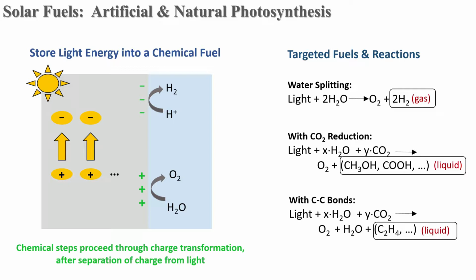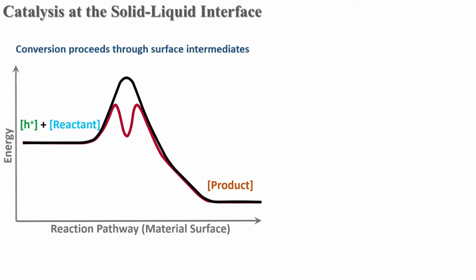At a high level, that energy diagram looks like this, where on a material surface, at the initial state, you have the energy of the charge and the reactant molecule, and then some of that energy is stored into the chemical bonds of the product. The speed of this reaction is dictated by an activation barrier.